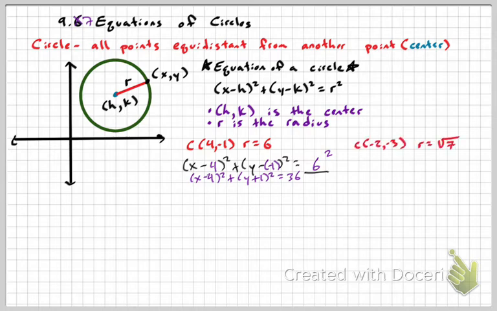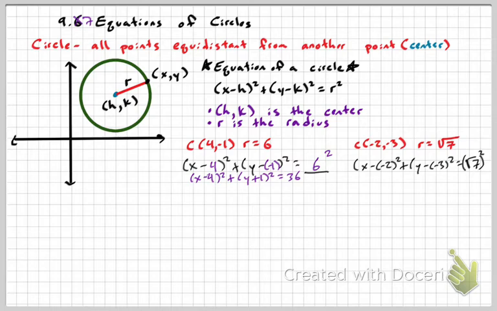Let's do this one more time. Okay, so we have the center at (-2, -3) with a radius of radical 7. (x - h) squared plus (y - k) squared equals our radius squared.